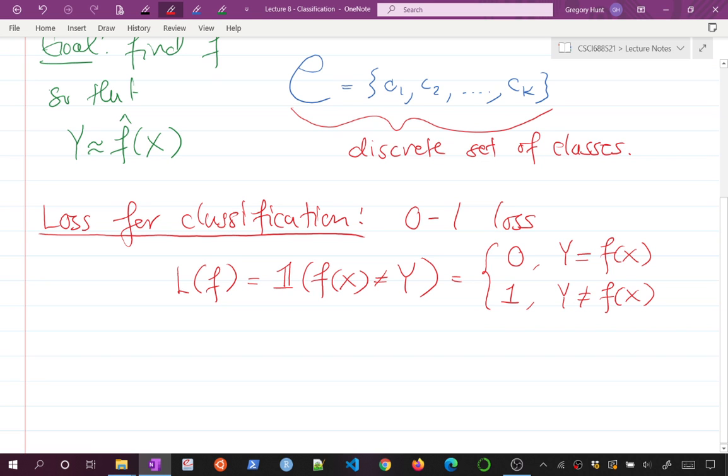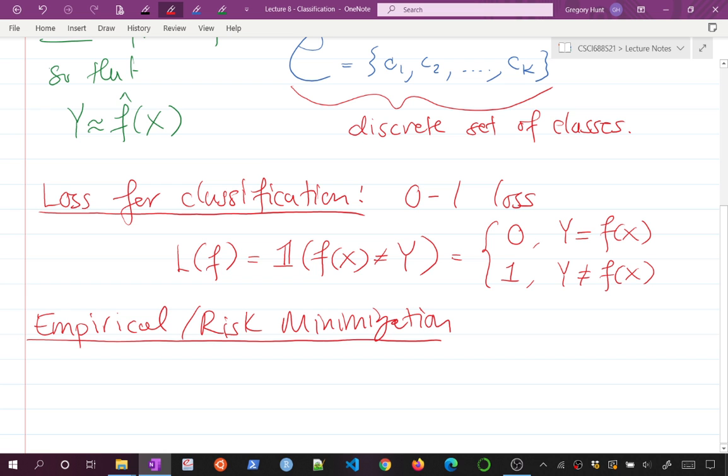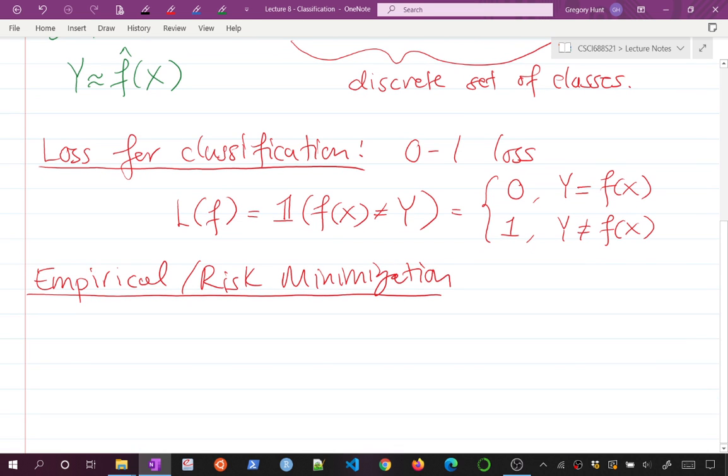And so if this is our loss, obviously if we minimize our loss, empirical risk minimization, says that we choose our f hat to minimize the risk, expected risk.